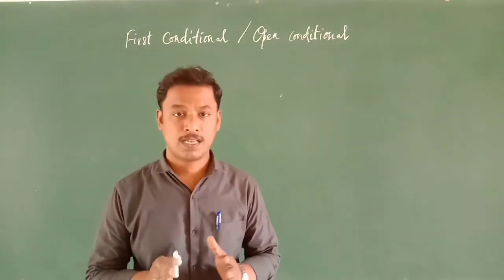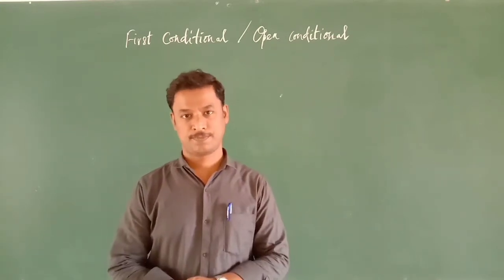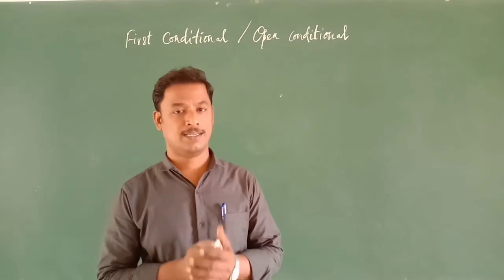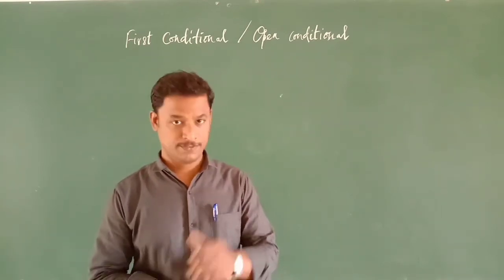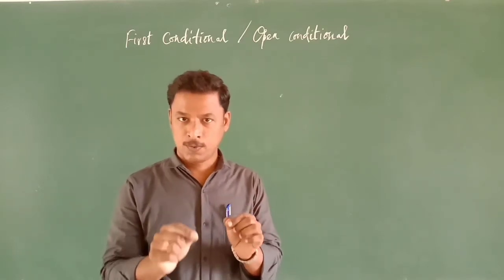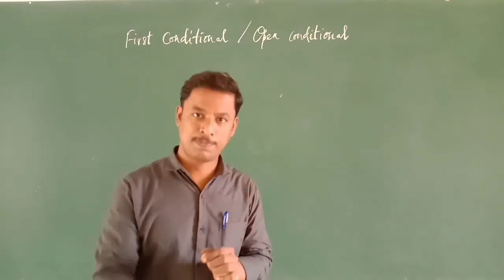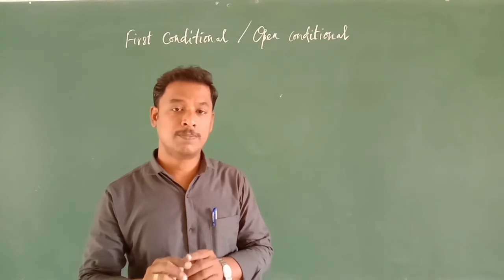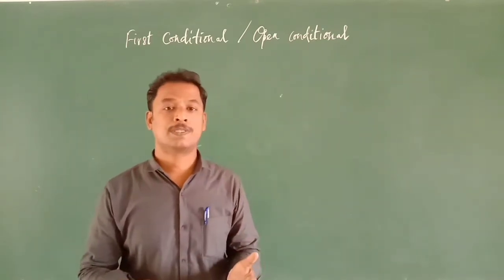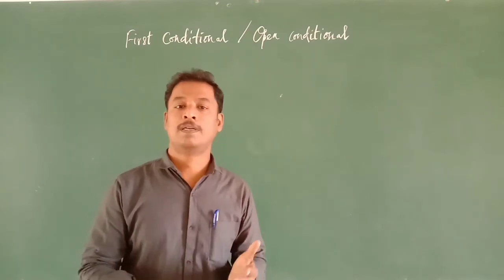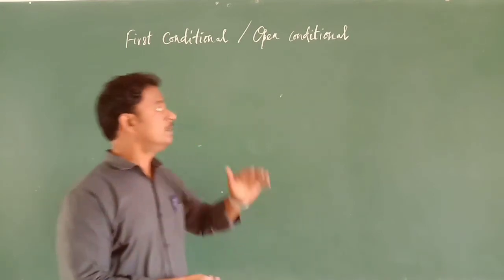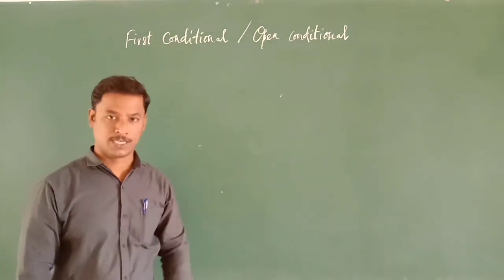A possible situation in the future, or predicting a likely result in the future if this condition happens. If a condition or a rule or a necessary situation happens, the result will be a possible one. There will be a 90% chance of that kind of result happening. That can be written in the first or open conditional.